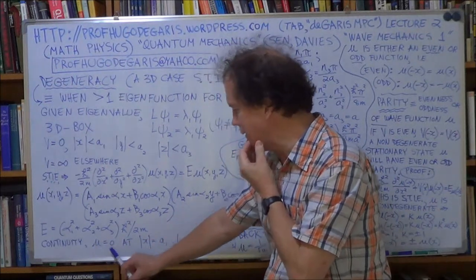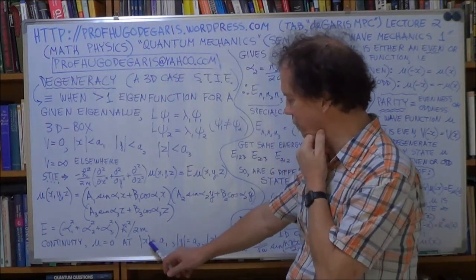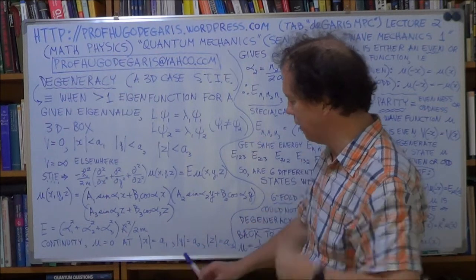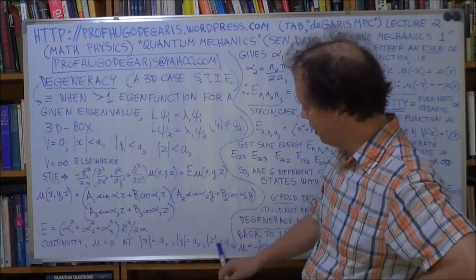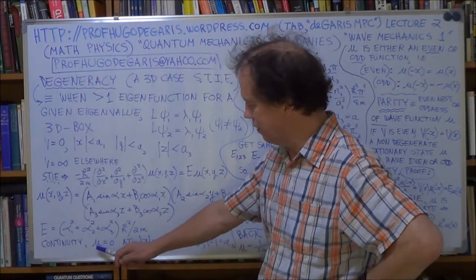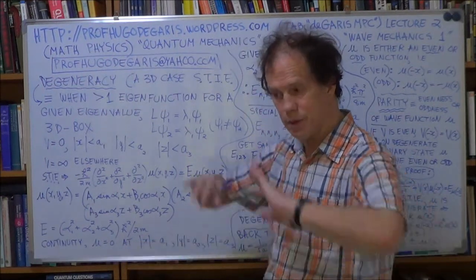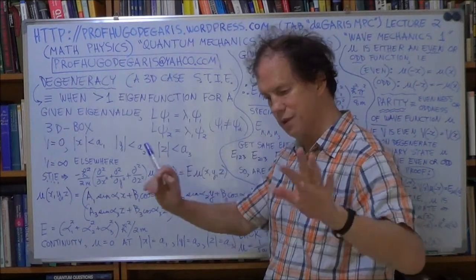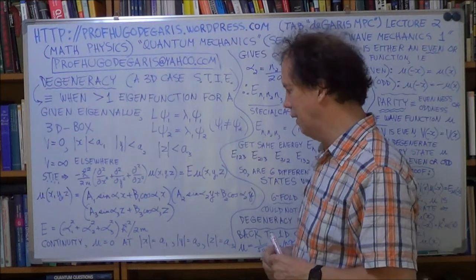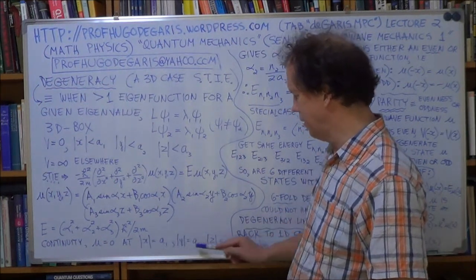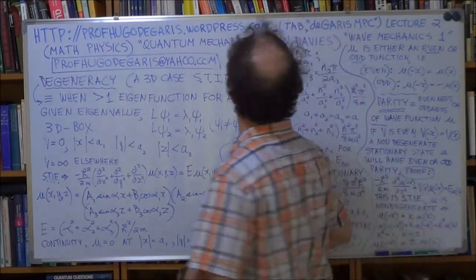Now, at the boundaries, when x is plus or minus a1, or y is plus or minus a2, or z is plus or minus a3, at those boundaries your u has to be 0, because outside those regions it's 0. So at the boundary, for reasons of continuity, you have to have these constraints met.